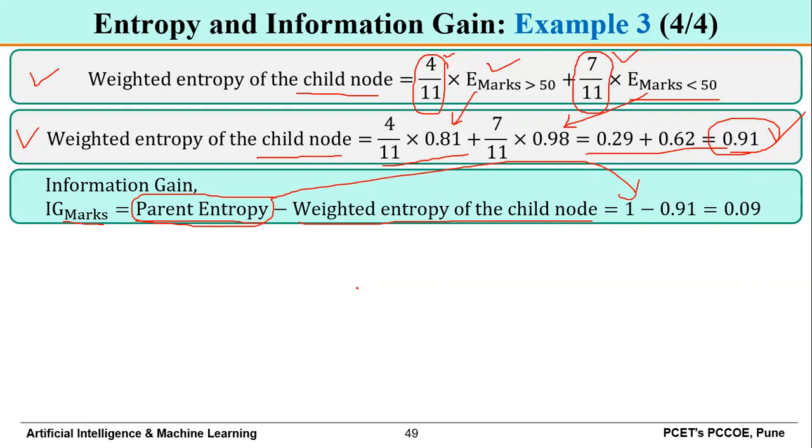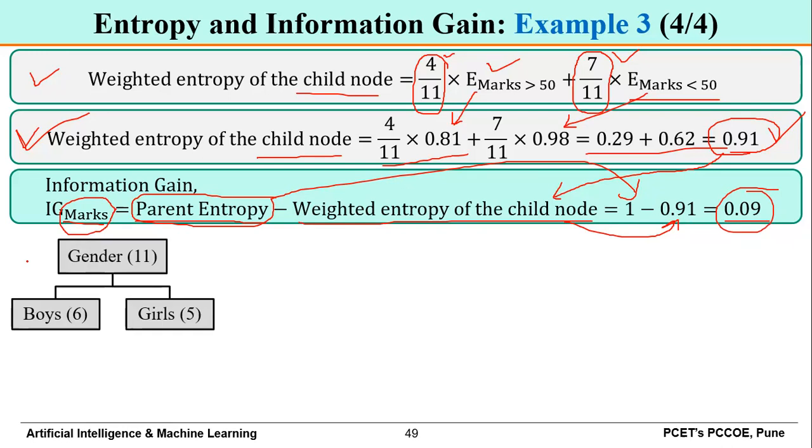Now, by calculating the child nodes when marks are greater than 50 and less than 50, we use the weighted value to normalize it, and we received the weighted entropy for the child node as 0.91. So 1 minus 0.91, we get the answer as 0.09. So the information gain when we plan to split the decision tree based on marks is 0.09.